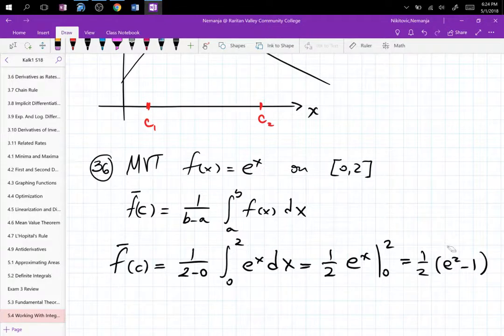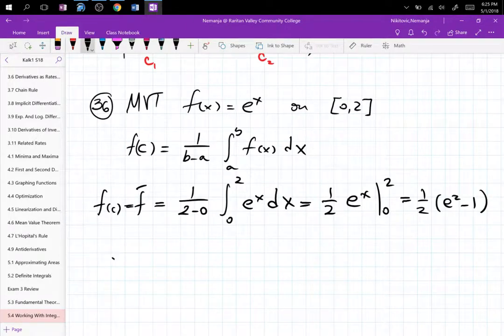Oh wait, I'm not supposed to have a bar on these. It's just the average of the function. No. Just C is equal to the average. There we go. Much better.